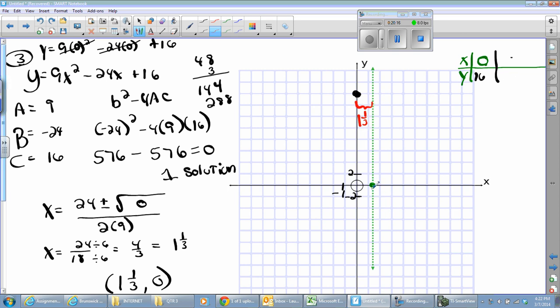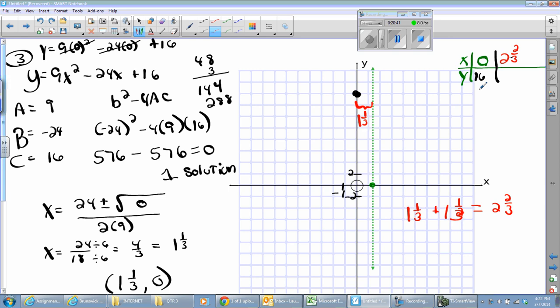If this point is at 1 and 1/3, what's 1 and 1/3 plus 1 and 1/3? Well, I think it's going to be 2 and 2/3, right? 1 plus 1 is 2. 1/3 and 1/3 is 2/3. So I'm going to plug 2 and 2/3 in.